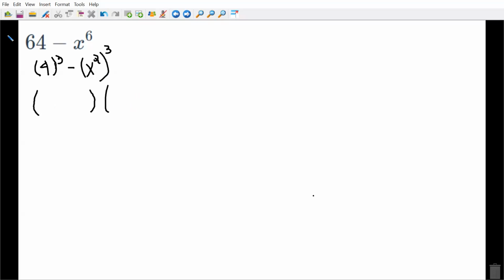Okay, it's okay. Now look, Miss Rubiano, the only thing you have to change is you're going to have 4 minus x squared, right? Times what, Miss Rubiano? Times 16.